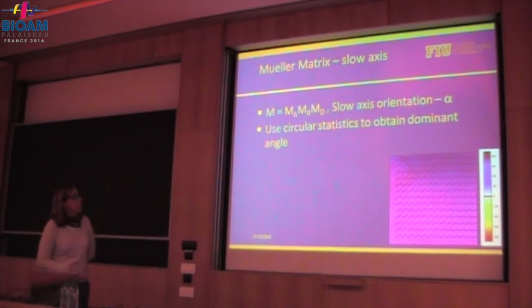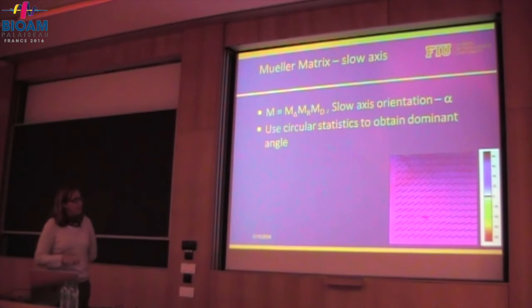So let me just show you some examples. Well, first let me go into the Mueller matrix polarimetry. We use the Lu-Chipman decomposition to extract the various components of the Mueller matrix, and ultimately we calculate alpha, the slow axis orientation, and we finally use circular statistics to obtain the dominant angle.